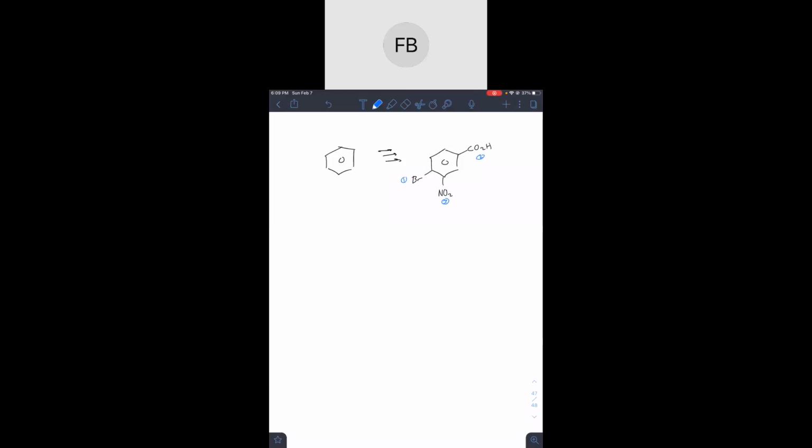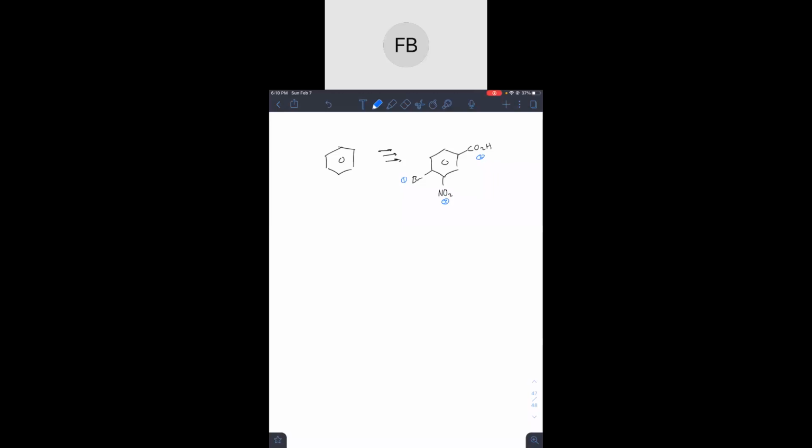So it makes sense that Br would be our first, right? But we also don't know how to add CO2H directly. The only way is to add some kind of alkyl group and then use Na2Cr2O7 to change the alkyl group into a CO2H.